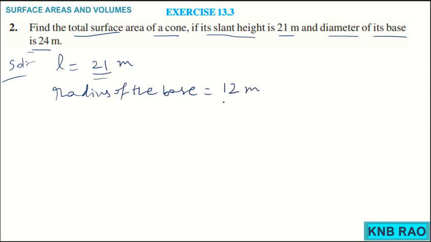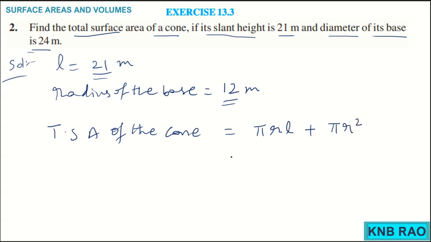You know the total surface area of a cone is the curved surface area plus the area of the base, or pi r l plus pi r square. Pi r common, it becomes pi r into l plus r.